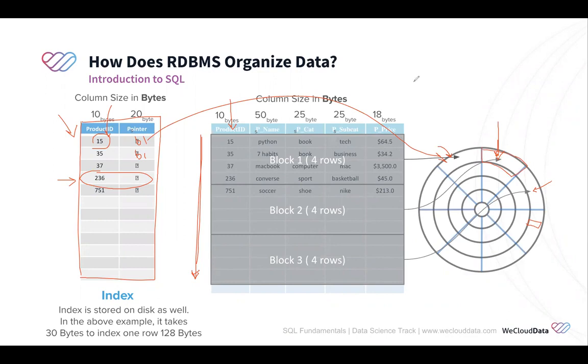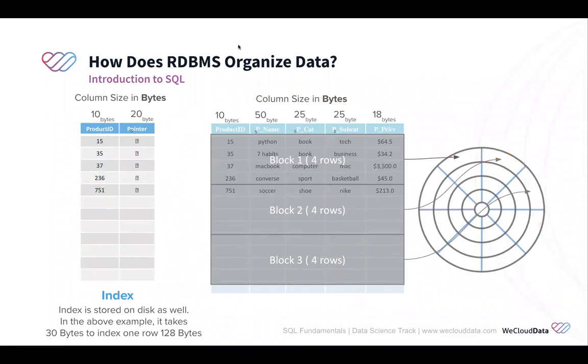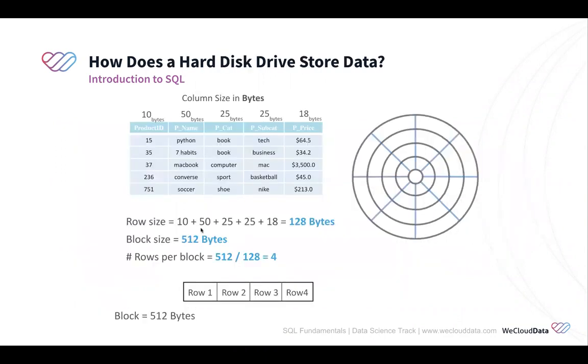Okay, so the index essentially allows us to skip many blocks and only read the block that we need. And that's why the data retrieval will be much faster. Okay, so that's how indexing works. I'm skipping all the algorithm part, and hopefully that helps you understand how that works.